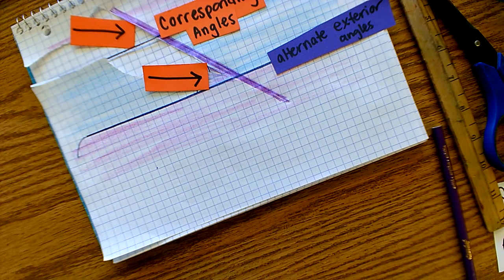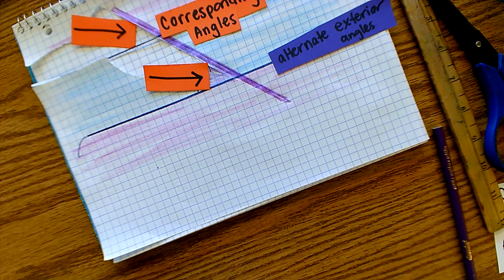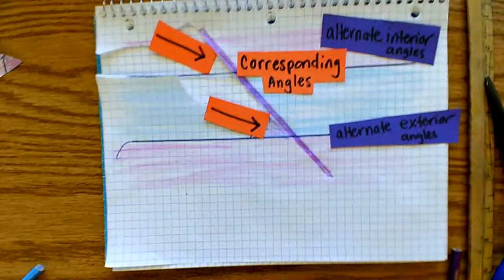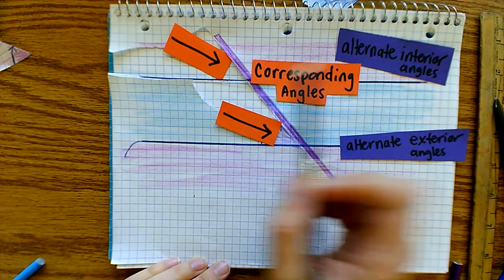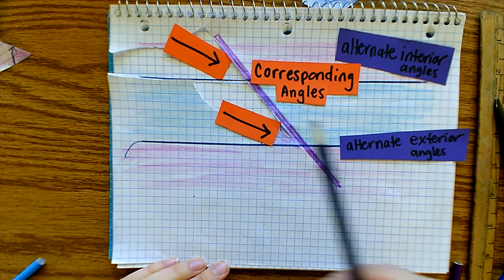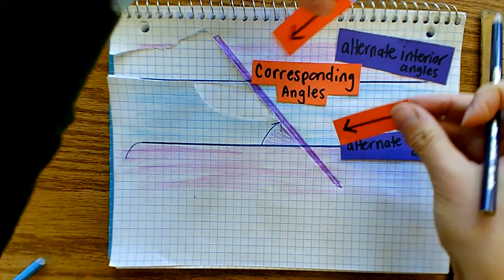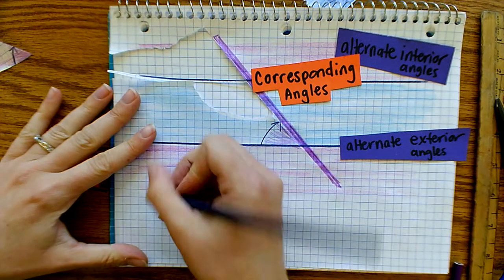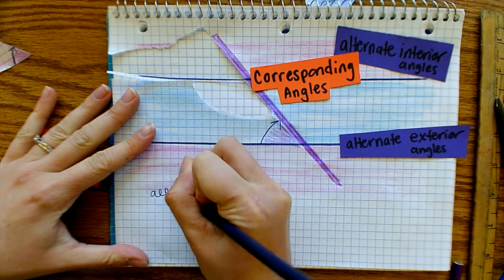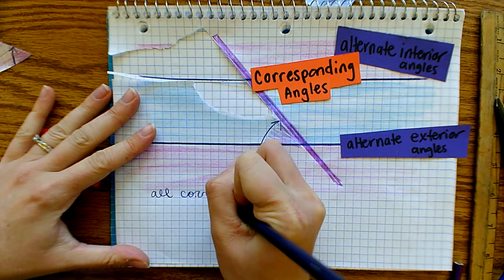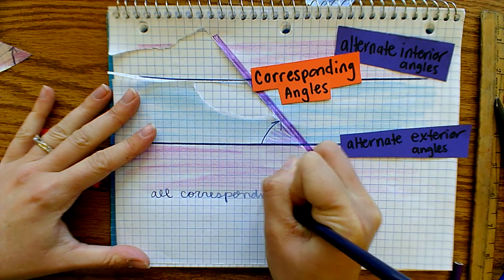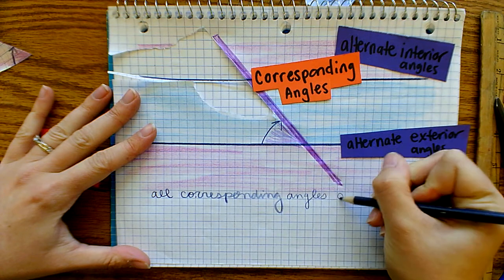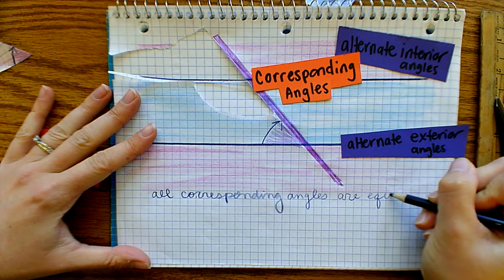They're on different parallel lines, opposite parallel lines, and they're on the same side of the transversal. All corresponding angles are equal. So I can write that. All corresponding angles are equal.